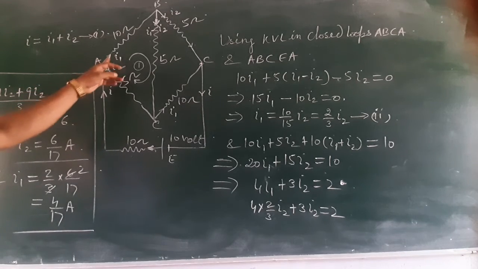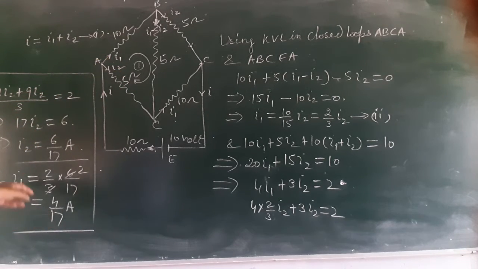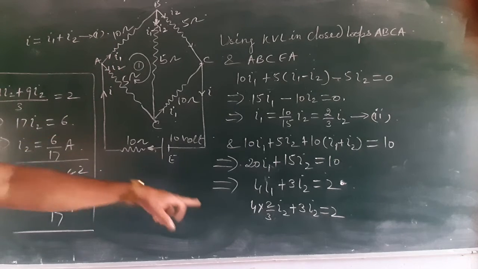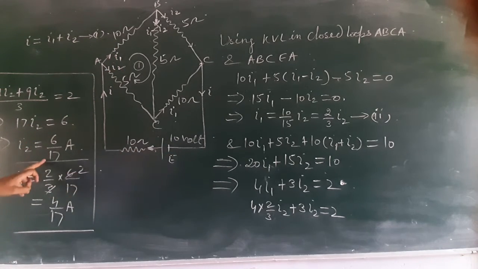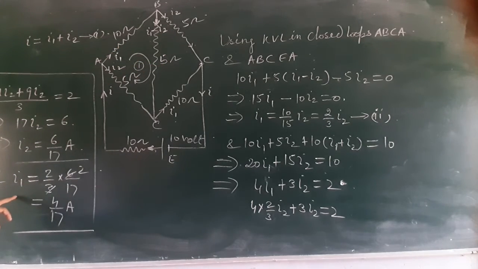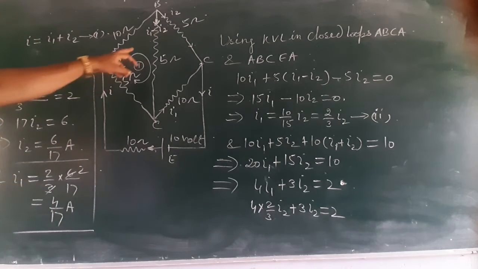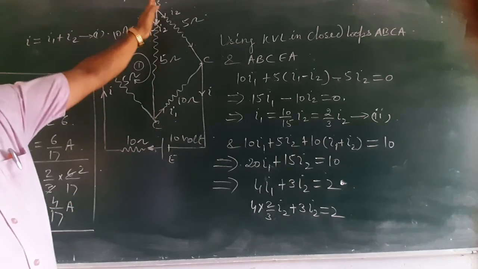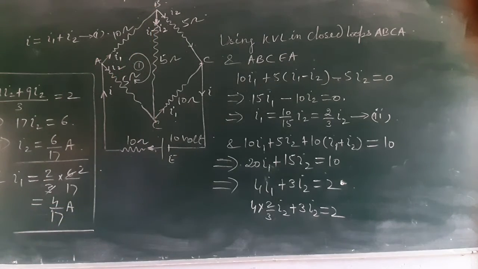So I1 is equal to 4 by 17 ampere and I2 is equal to 6 by 17 ampere. What about I1 minus I2? I1 minus I2 will be minus 2 upon 17 ampere, means current will flow from C to B, not from B to C. This is all about this numerical.